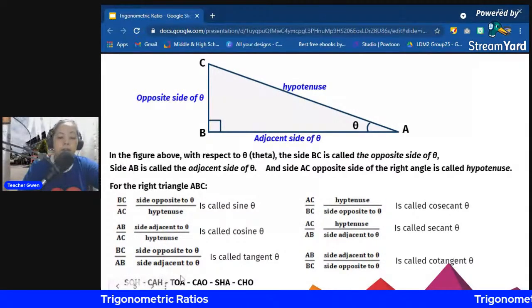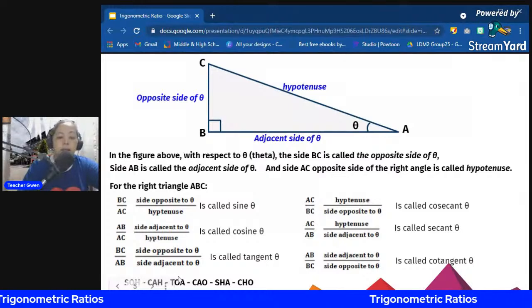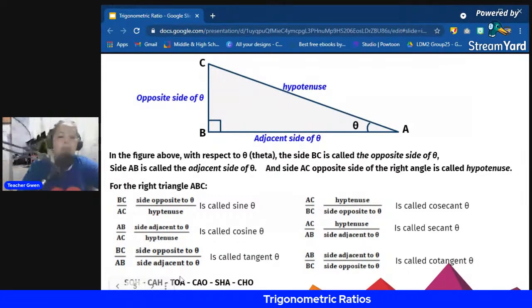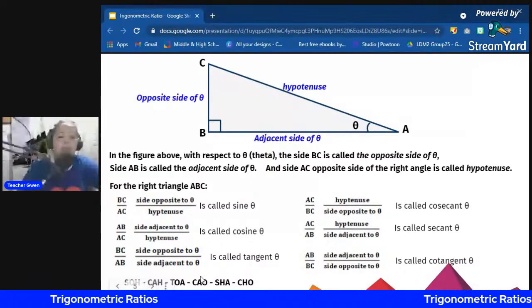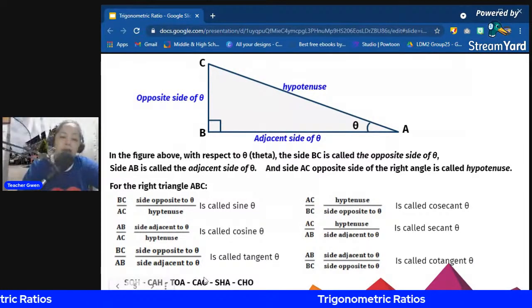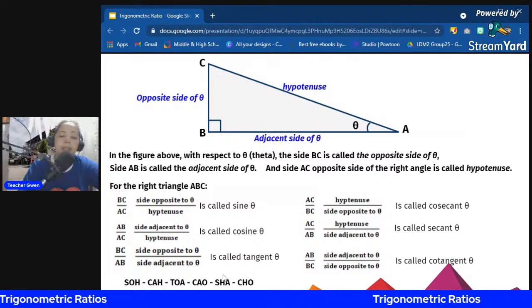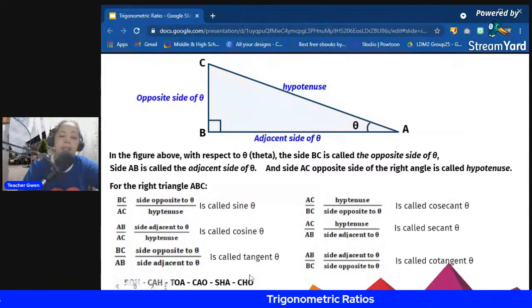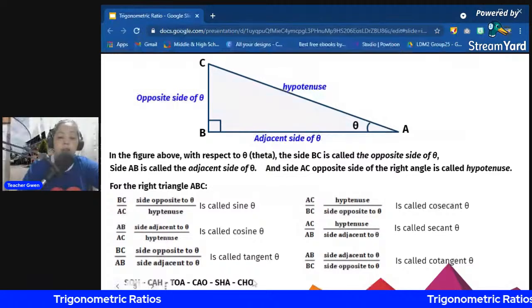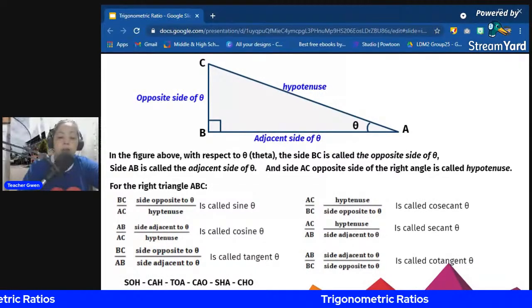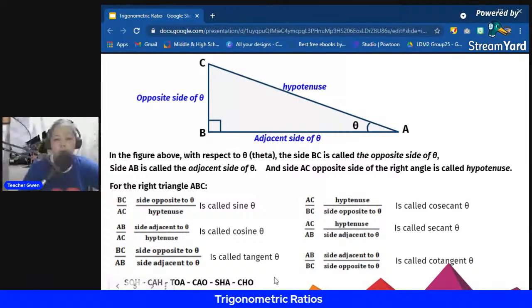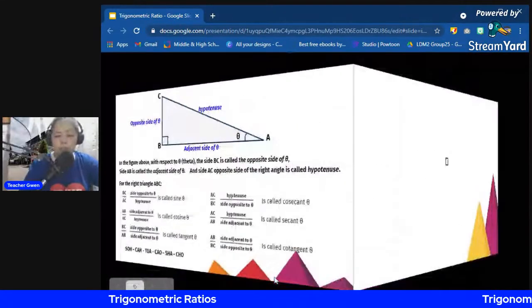TOA: tangent is equal to opposite over adjacent. Then cotangent, CAO: adjacent over opposite. Then secant is equal to hypotenuse over adjacent. And then cosecant is equal to hypotenuse over opposite. That's the shortcut. Okay, so let's continue.